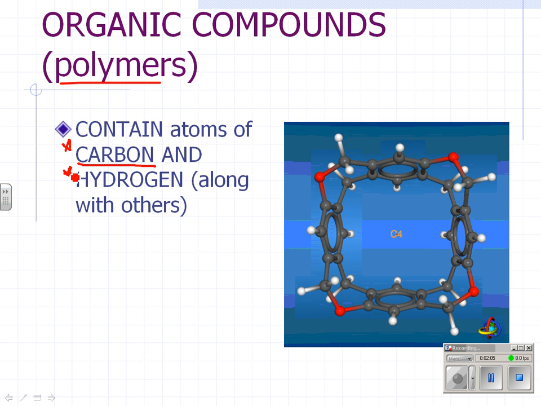We talked in the ecology unit about the four major elements of life: carbon, hydrogen, oxygen, and nitrogen. The first three are very important to organic compounds. Well, all four are important to organic compounds. The first three are in every organic compound, and the last one is in two others.